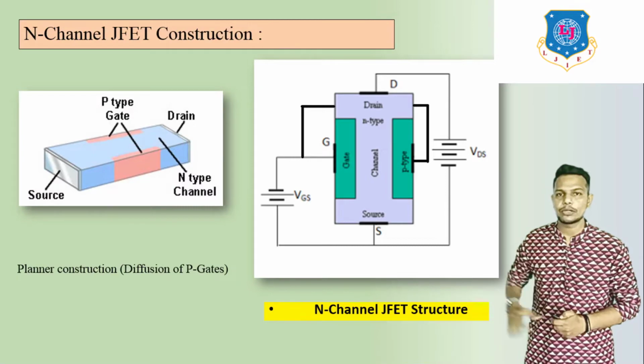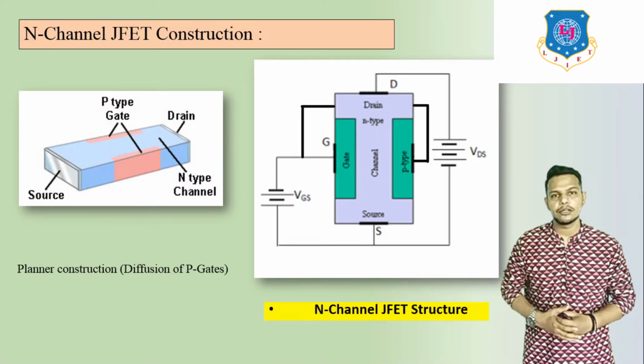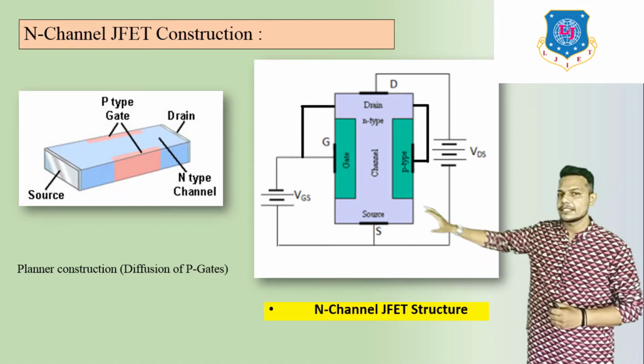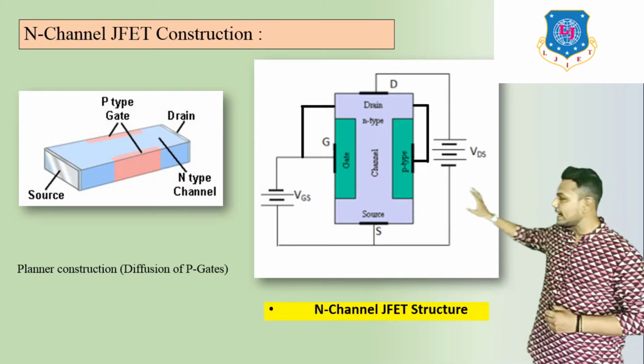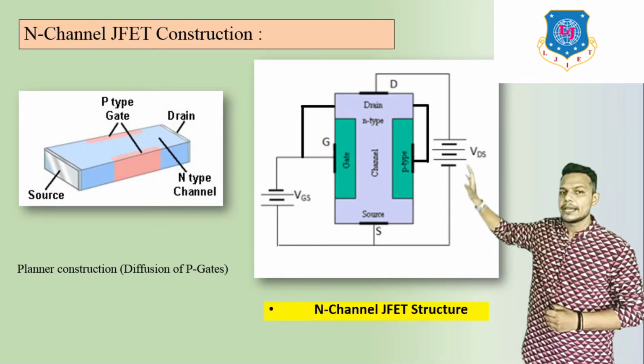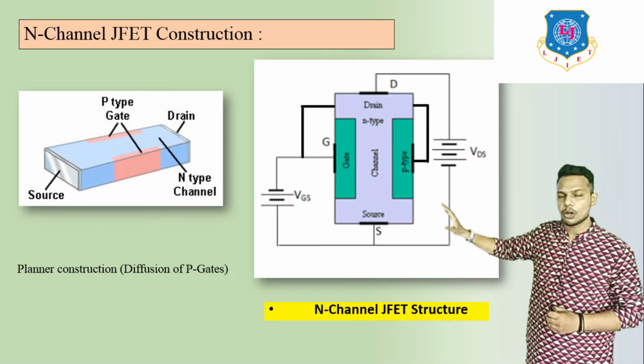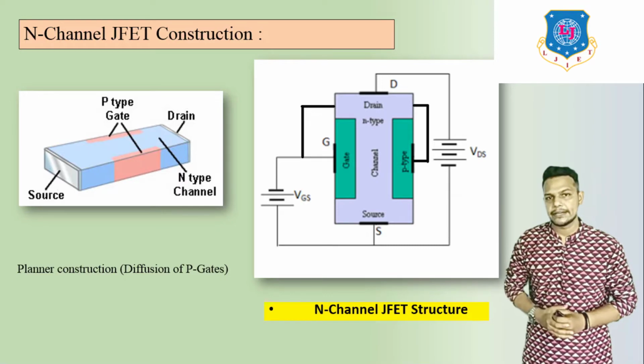So let us discuss N-channel JFET construction along with its biasing. Here we can see the planar construction, diffusion of P type, and this is the N-channel JFET construction along with its biasing techniques.